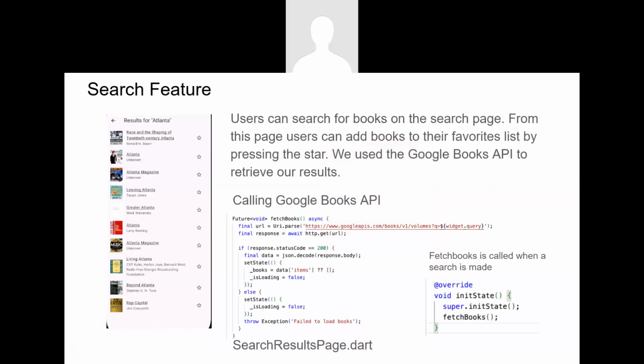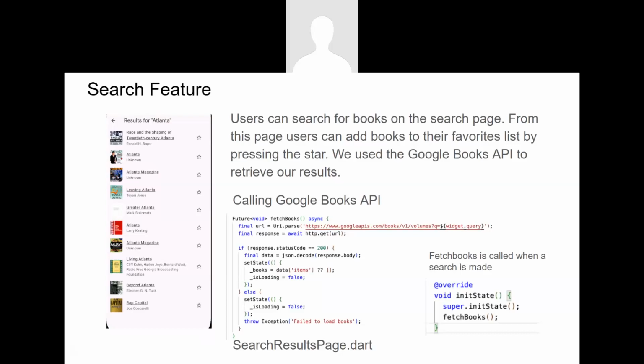Yeah, let's get it. So now let's talk about how our search feature works. So basically, we integrated the Google Books API to allow real time book lookups when the user enters a search term.